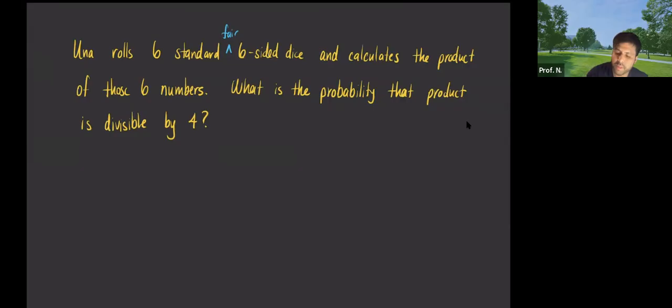What's the complement of being divisible by 4? Well, I think I just said it. You're not divisible by 4. So if you're not divisible by 4, then what are you?